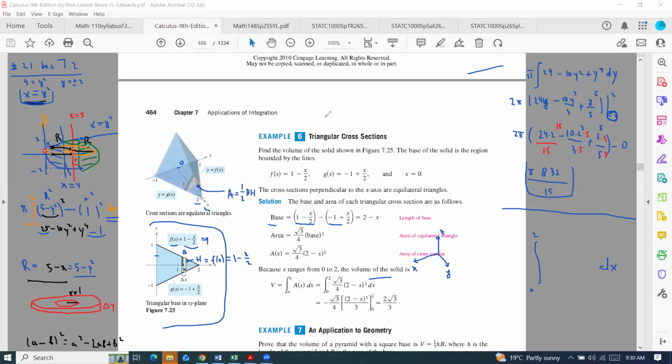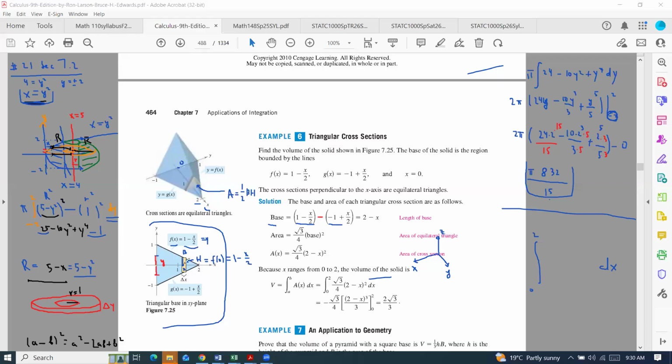Well, let me get another color so we better see what they're talking about. So 1 minus x over 2, that's the y coordinate. And then from it, you subtract minus 1 over x over 2. So they subtract the other one. So why would they do that?